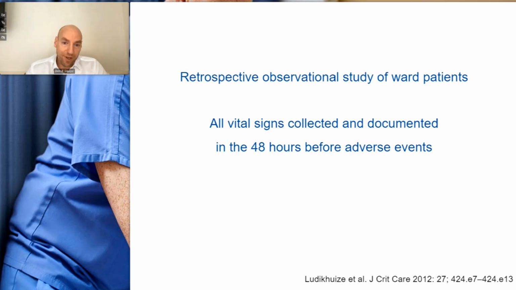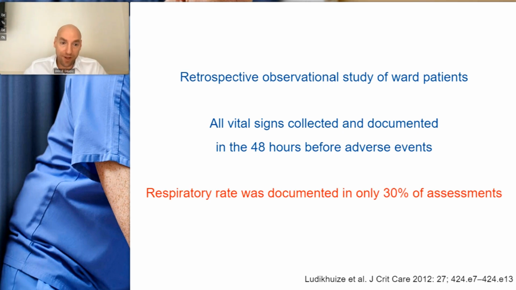An interesting fact is that respiratory rate was documented in only about 1/3 of the assessments by nursing staff during their spot checks. So respiratory rate is very rarely documented and very rarely measured.